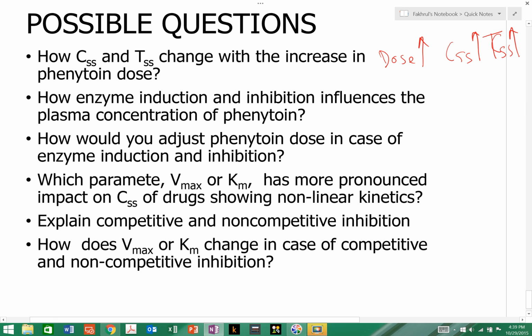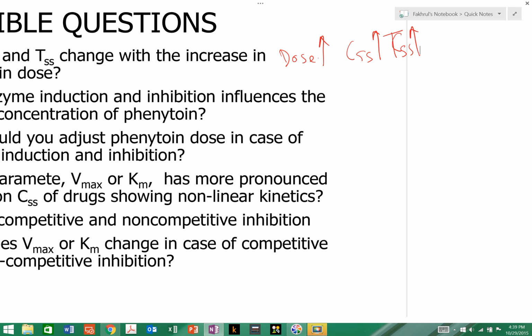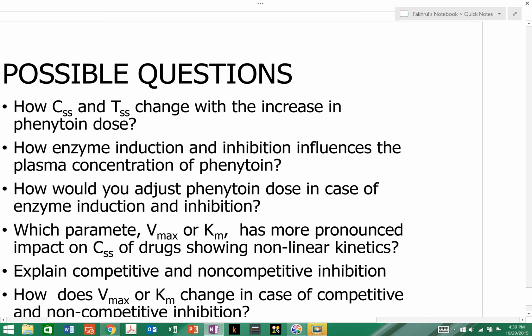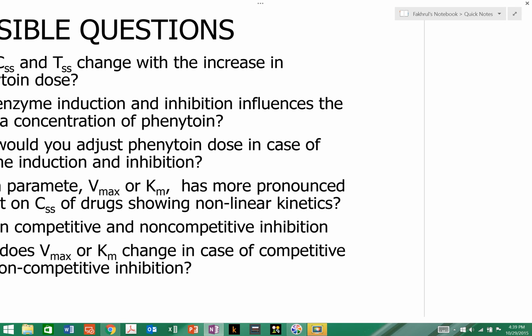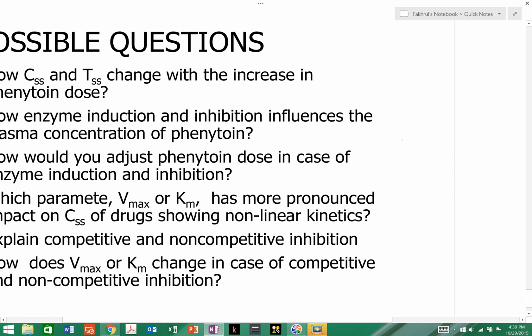If you go back to the note, you'll see how enzyme induction and inhibition influence the plasma concentration of phenytoin. You have to remember some drugs I talked about, I think carbamazepine and phenobarbital. If enzyme induction, that means it produces enzyme.